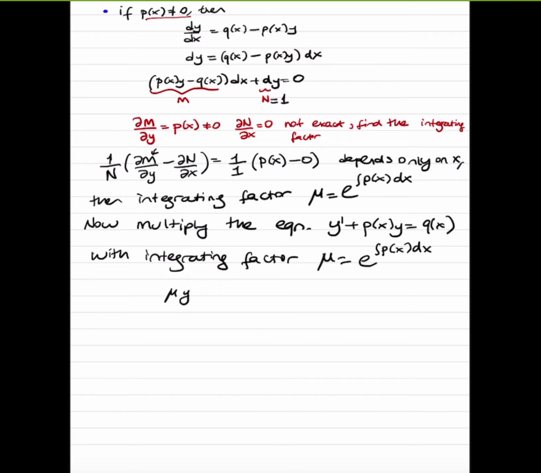So mu y prime plus mu p of x y is equal to, don't forget to multiply the other part, mu q of x.